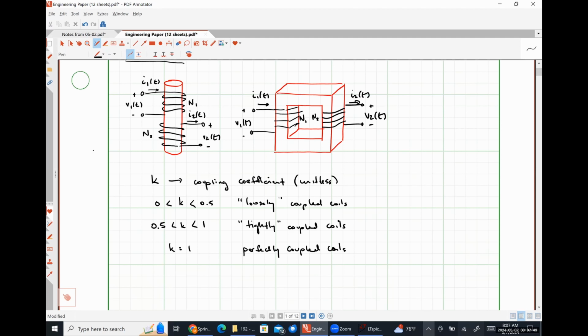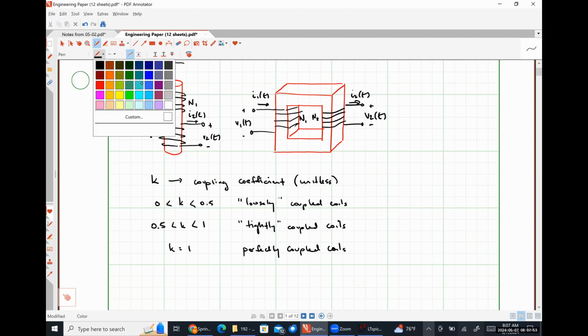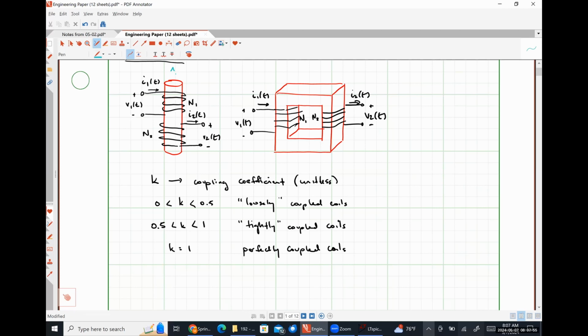So let me explain why. We have our magnetic field lines going up like so, and then they're going to hit this air gap and wrap around like so.